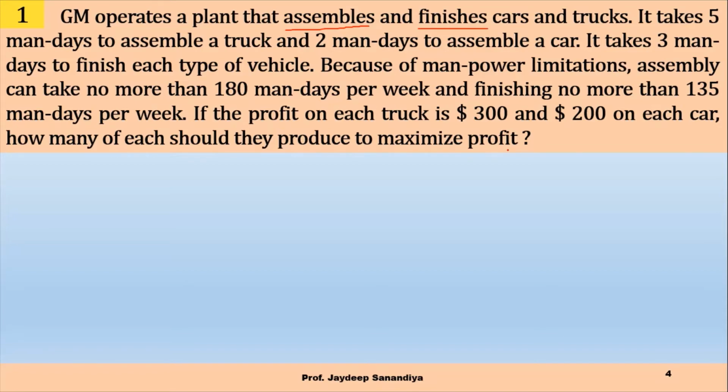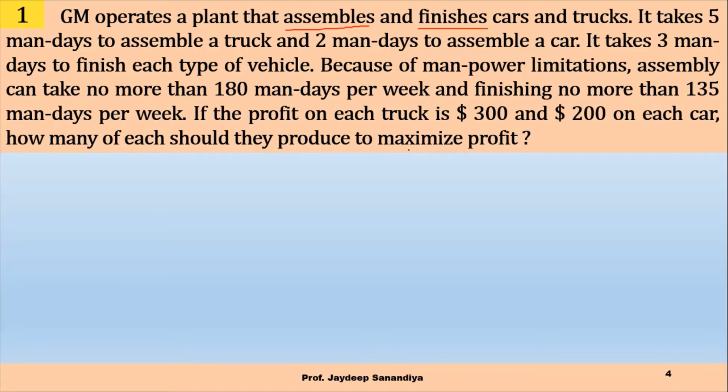Now, whenever this kind of descriptive data is given, I recommend you convert it into tabular form so that you can easily formulate it. How to convert it into a tabular form? Let's see. First of all, identify the decision variable.